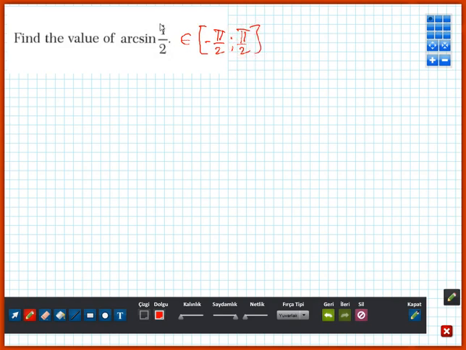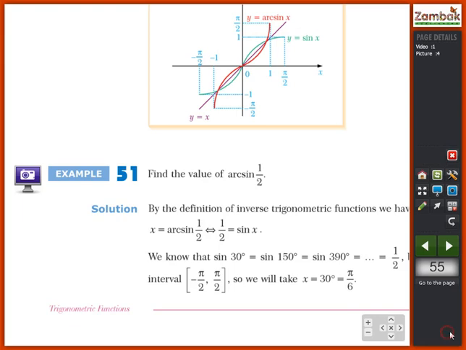That is 30 degrees, which is pi over 6. Okay, let's solve another example.